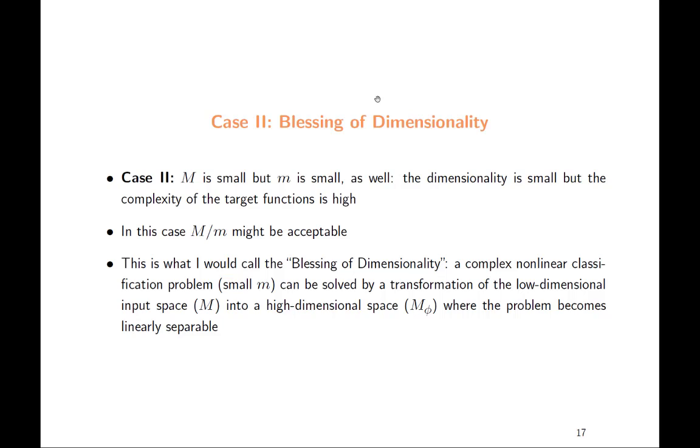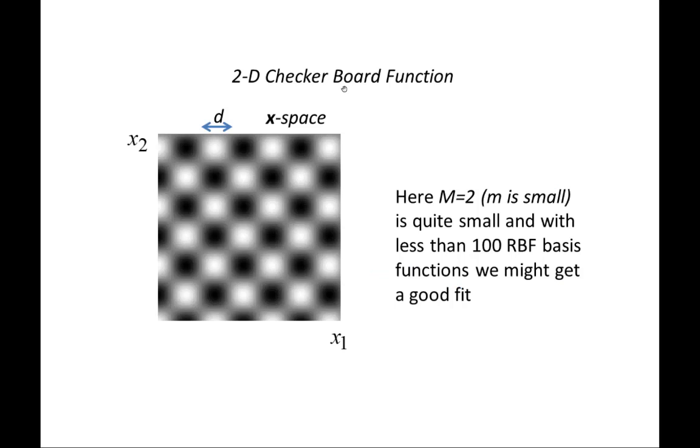That's why I call it blessing of dimensionality. So here m is supposed to be 2 dimensions, so x1, x2. Complexity is high, so smoothness is small, but 2 divided by the small number of smoothness must still be an acceptable number.